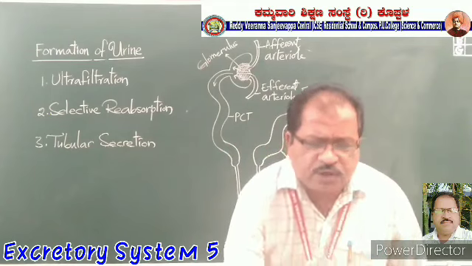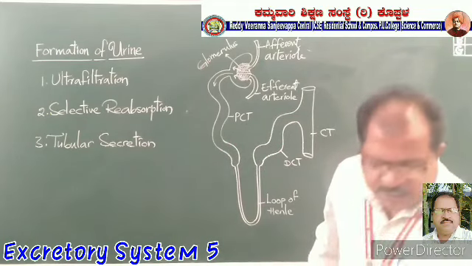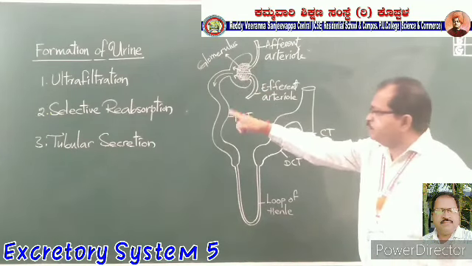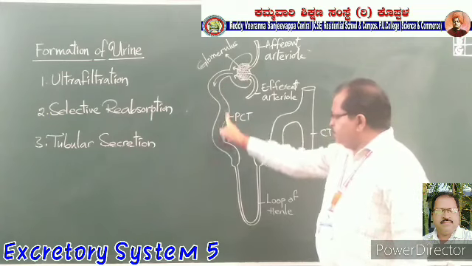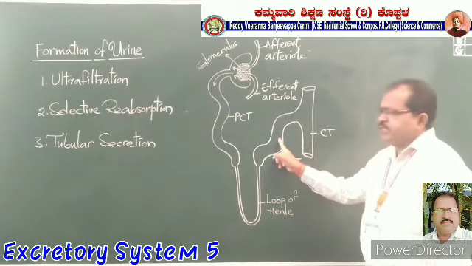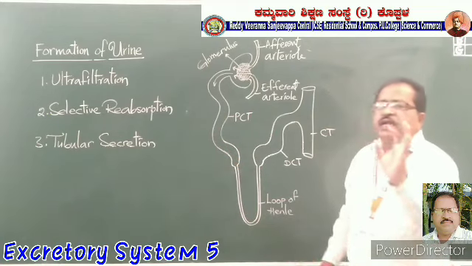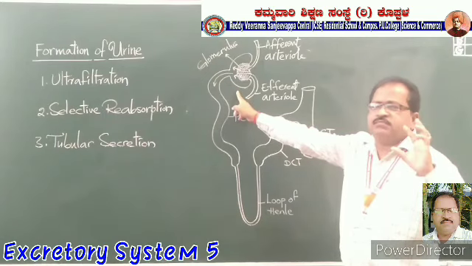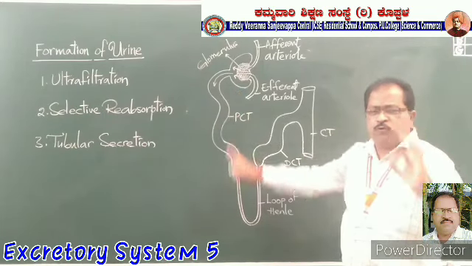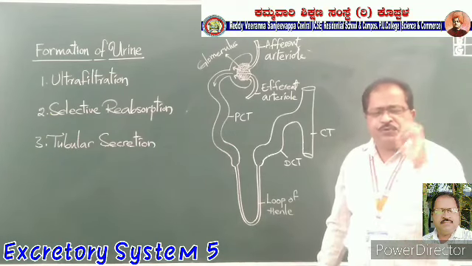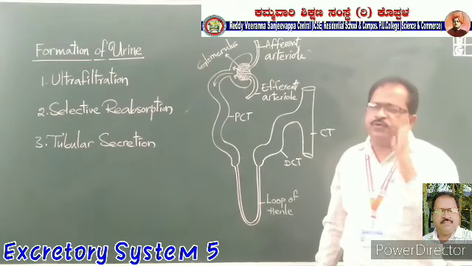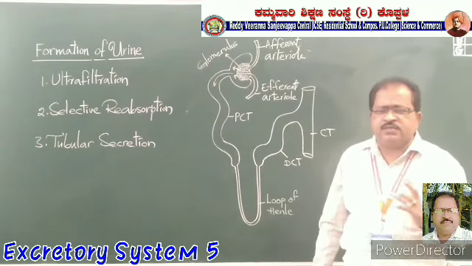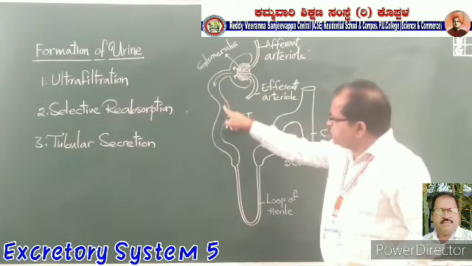In the second stage, selective reabsorption, the PCT as well as the loop of Henle and the DCT, these three parts are involved. The largest amount of water and glucose, urea, some amount of uric acid, and bile pigments are all moving towards the PCT.